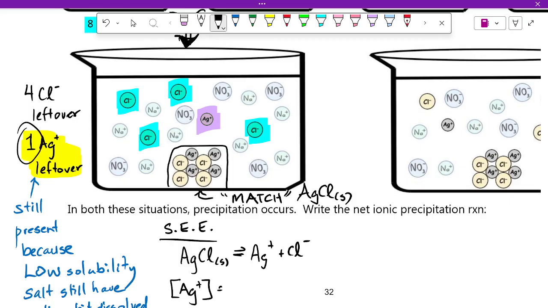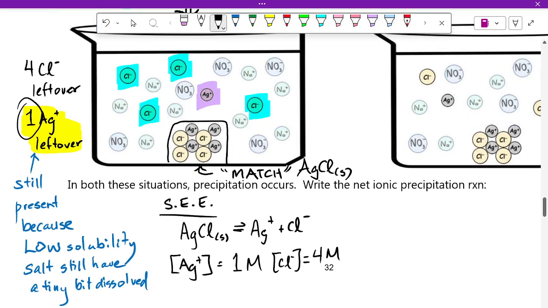Okay, 1. We'll call it 1 molar. Okay, it's not 1 molar, but let's just make it a unit we can work with. Okay, what is our concentration of chloride? 4 molar. So what is our KSP value here?